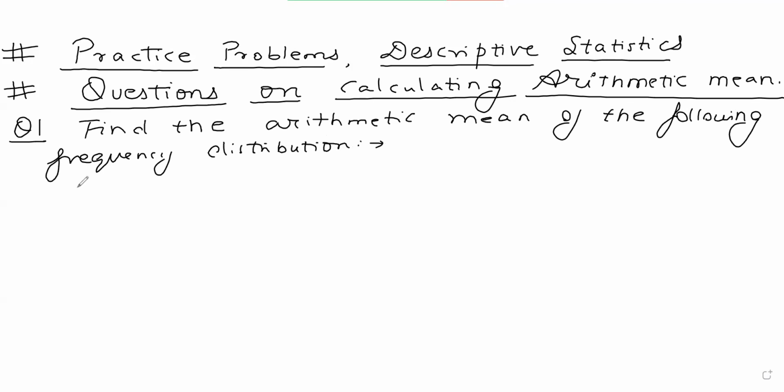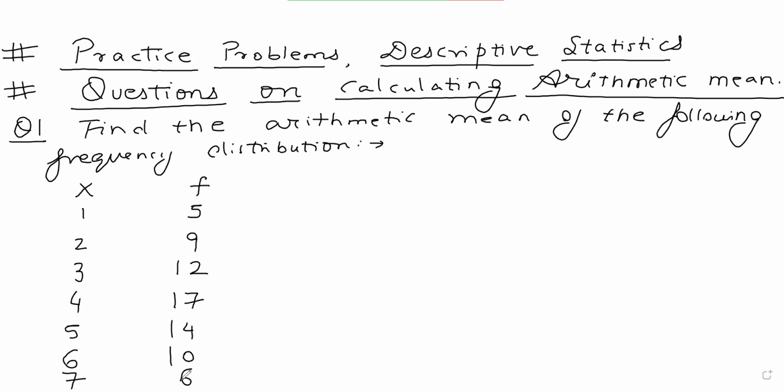So we are given x, the variable x, we are given the frequencies. I'm writing the values 1, 2, 3, 4, 5, 6, 7. The frequencies are as follows: 5, 9, 12, 17, 14, 10, and 6.